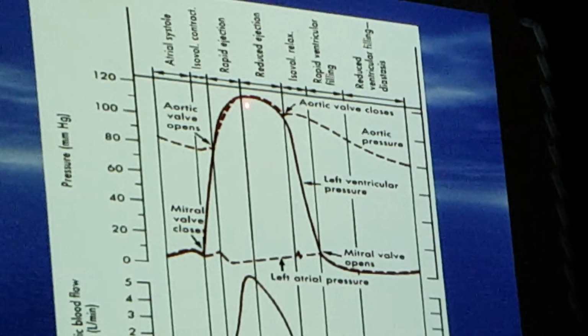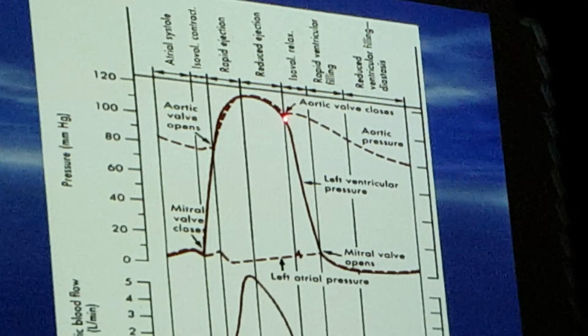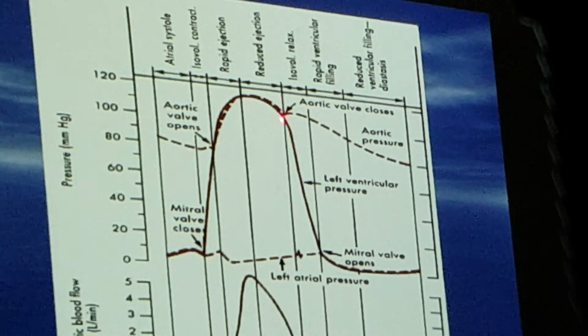And finally, the pressure in the ventricles drops lower than the pressure in the aorta, and the semilunar valve snaps shut right here. Once the semilunar valve snaps shut, all four valves are closed again, and you go into isovolumetric relaxation, where the blood pressure drops rapidly in the ventricle, stays up in the aorta, doesn't it?